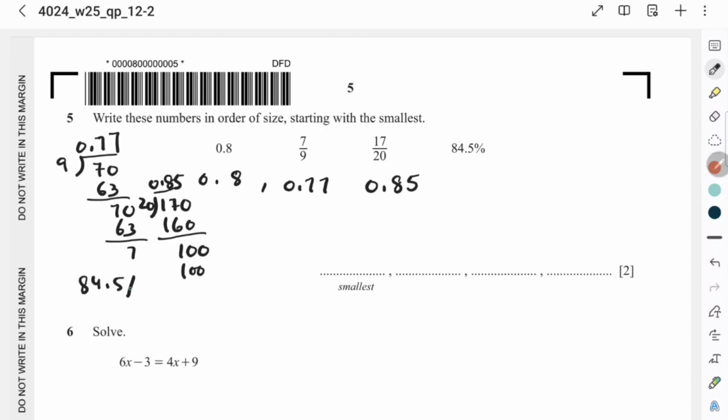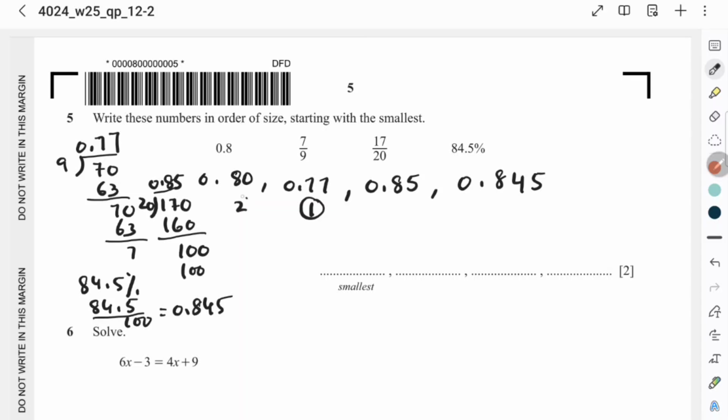And then 84.5% means 84.5 divided by 100, and it will become 0.845. So if I'm just checking the two decimal places, it will become 0.80, 0.77, 0.85, and 0.84. So obviously the first number, which is the smallest number, is this one, 0.77.